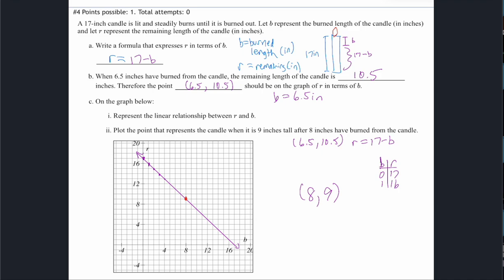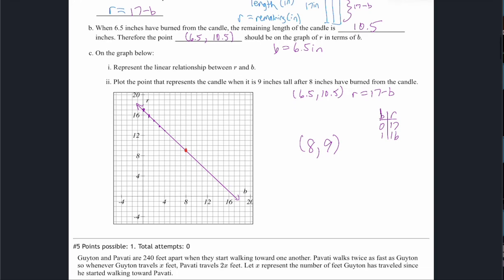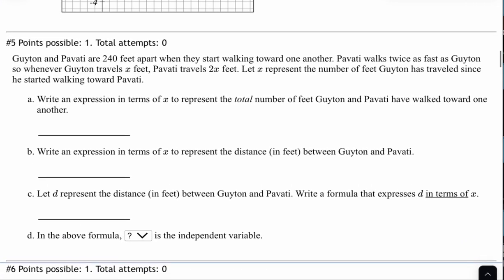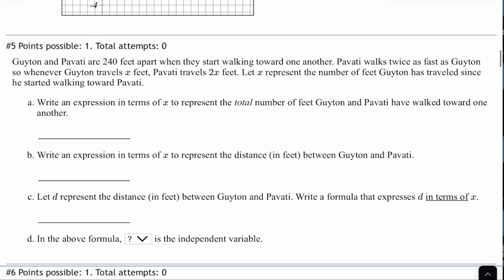So now let's move on to example number 5. It says that Guten and Pavati are 240 meters apart when they start walking toward one another.